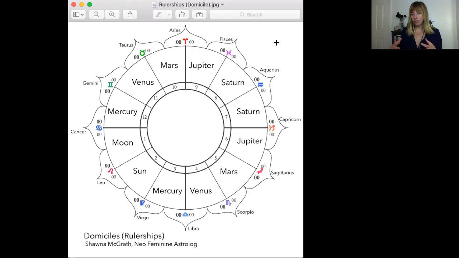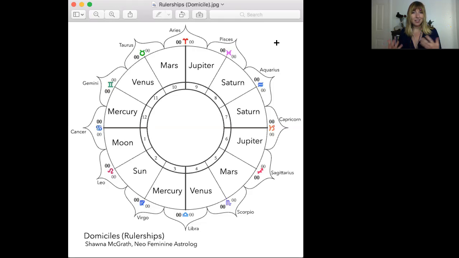So it's not just that you're looking at these as rules, like this is what rules this and this is what rules that, end of story, done. You're tapping into the nature of things and how things work together.